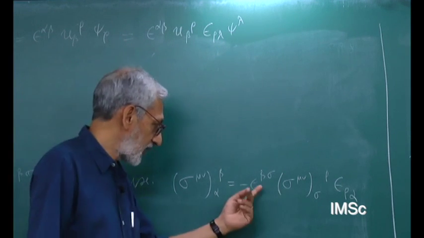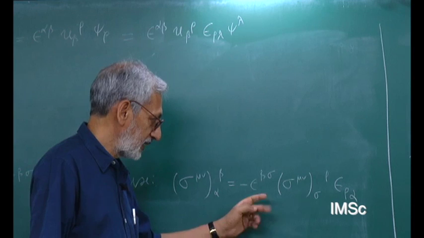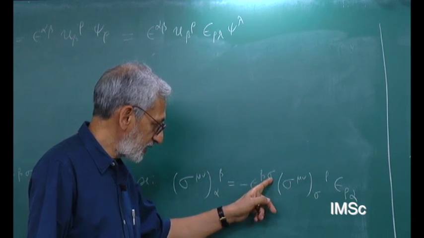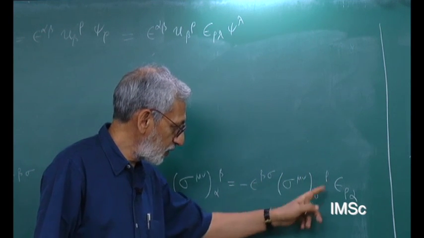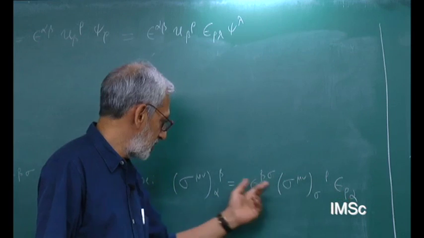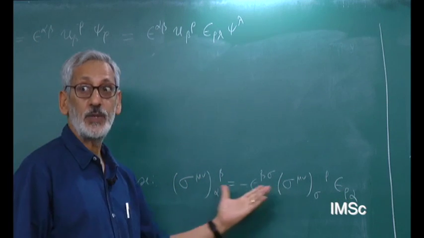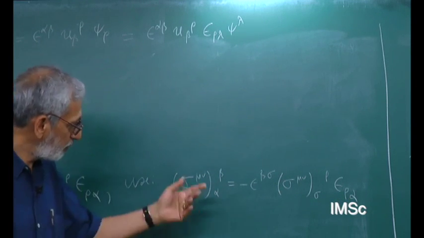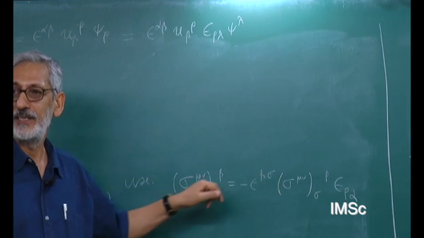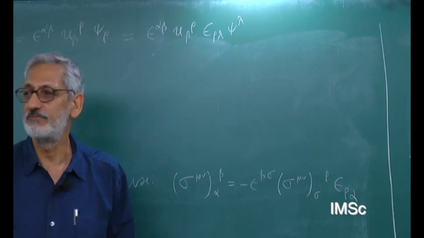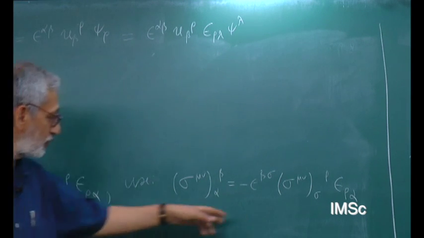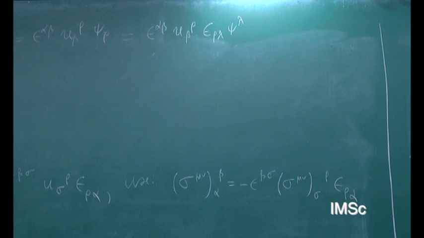Take the sigma, multiply by 2 epsilons on two sides. Keep the rule of contractions: lower down, upper down, down, and interchange alpha beta. That is the same as this one. Just take components 0i, ij, and check this is true. If this is true, then this follows straightforward.